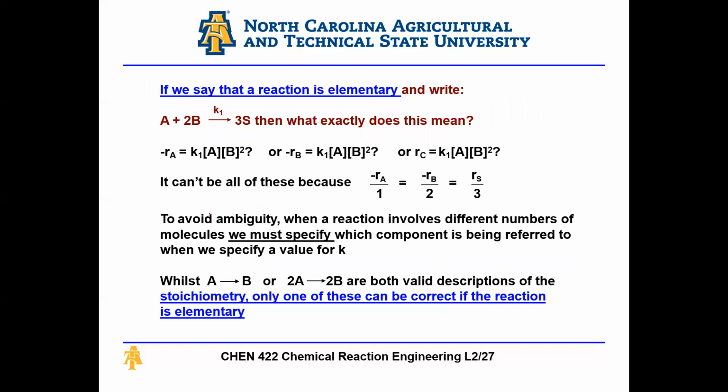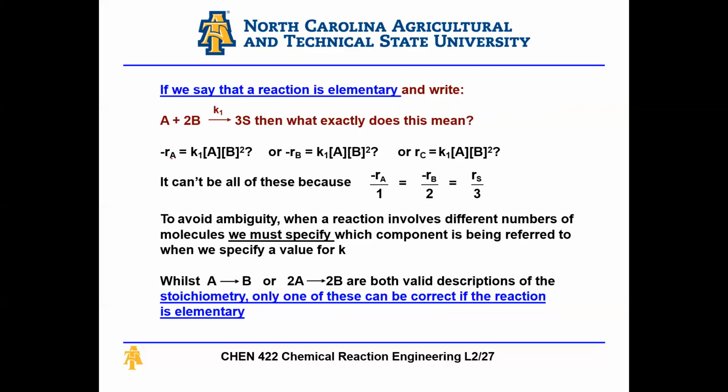Okay, going back to talking about elementary reactions, and this is just an important point for you to remember. If we say that the reaction is elementary and write A plus 2B going to 3S, what does this mean? Depending on what element you're talking about.